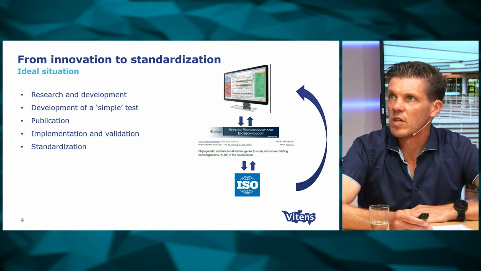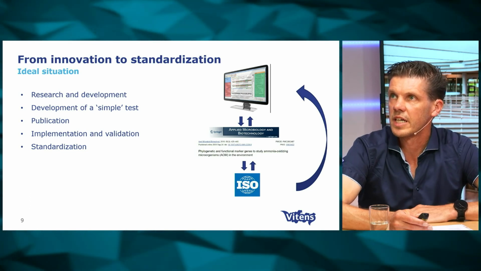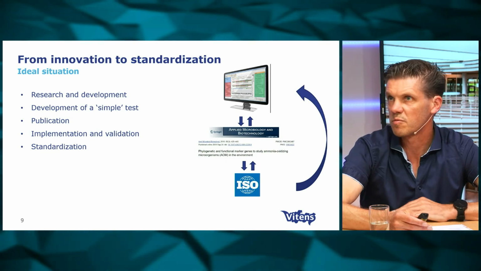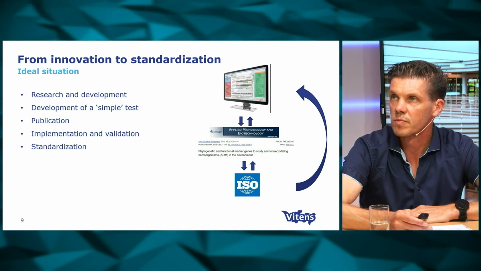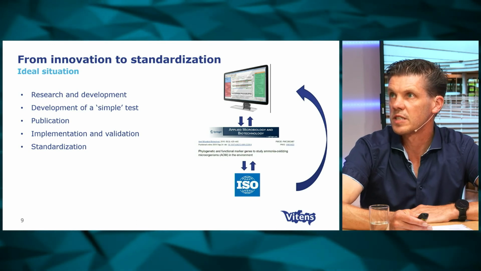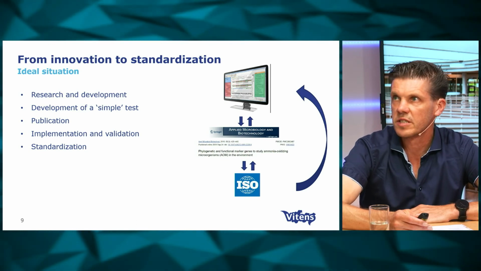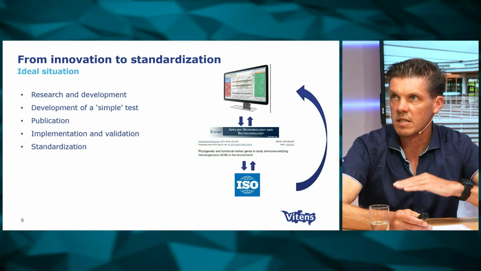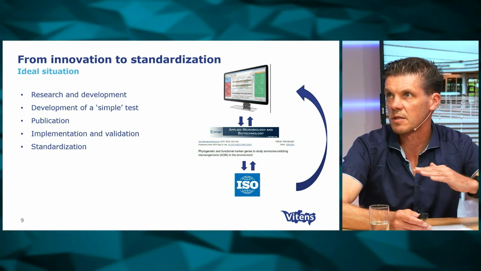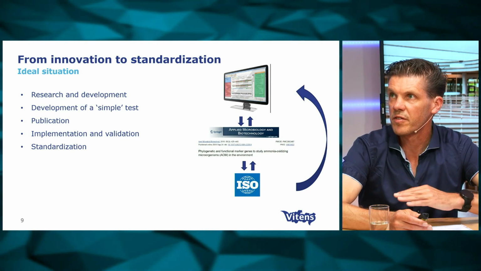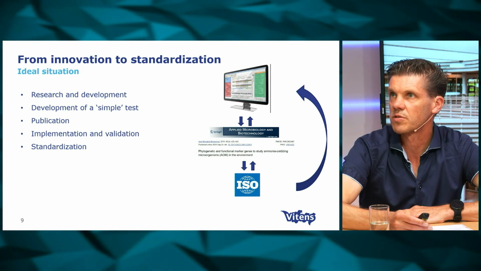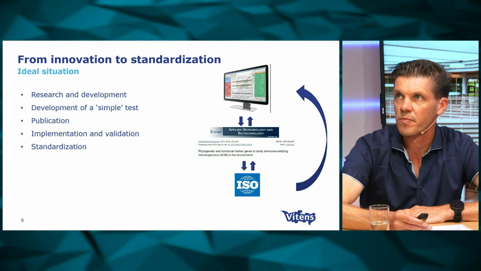They will also try it out, and if it looks promising, you can standardize it, and normally it goes to an EN level. And if it's also interesting for international partners, you can standardize it by ISO. But that's a long way. Your development starts now, and it can already take 10 years before you get an ISO standard for a new method.